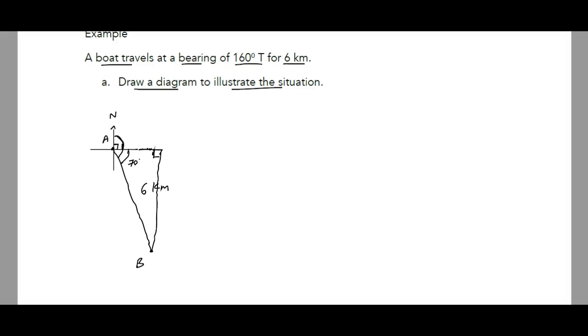If I complete a right angle triangle, now point A is my starting position and point B is my finishing position. And I can see that's how far south the boat has traveled. So let's just call this distance x. So in this case, x is our distance traveled south.